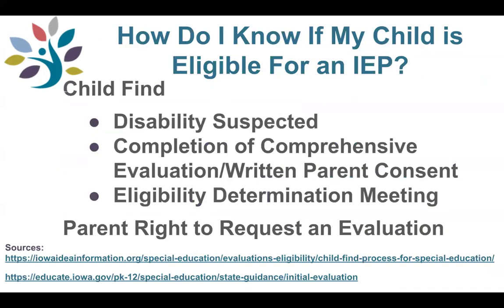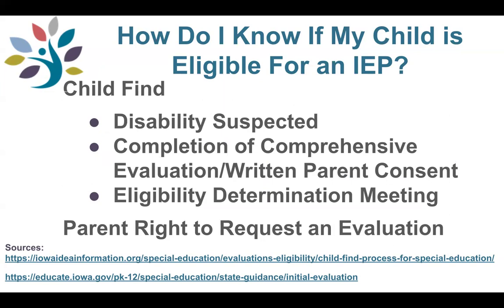How do you know if your child is eligible for an IEP? The process is called Child Find. The first step in that is a disability suspect. The school will most likely reach out to you, which leads to a completion of a comprehensive evaluation, which requires written parent consent.